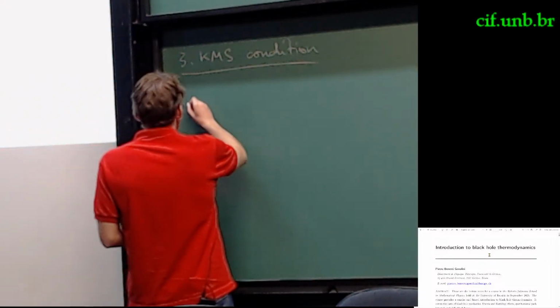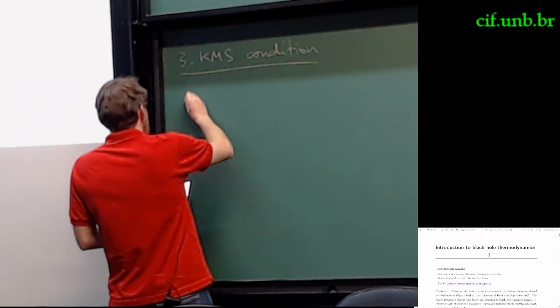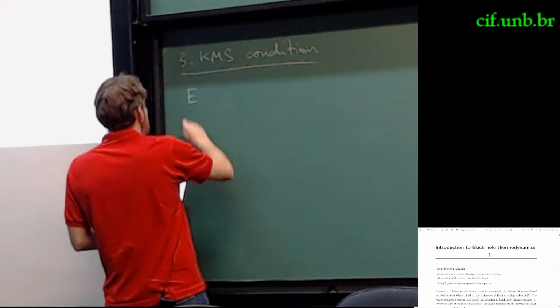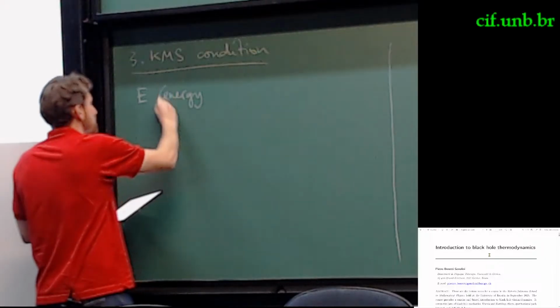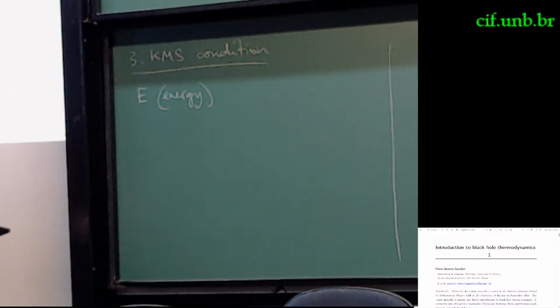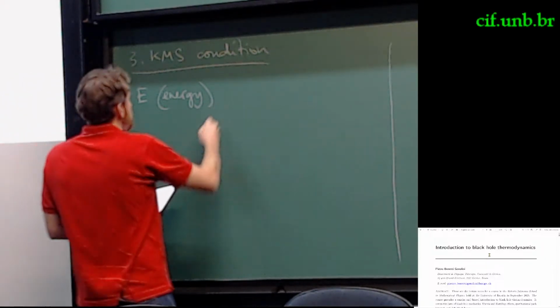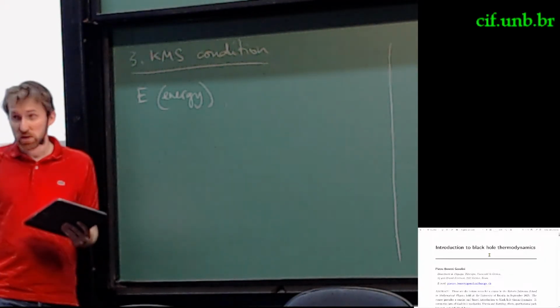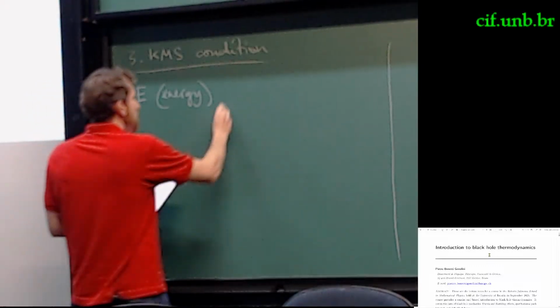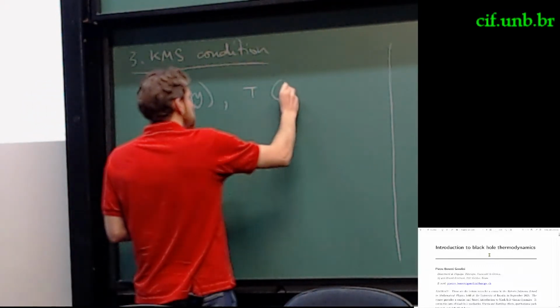So let's consider a simple system where you label the pure states by the eigenvalue of the Hamiltonian, the energy, which is the only number that is allowed to vary. So I'm in the canonical ensemble at a fixed temperature T.